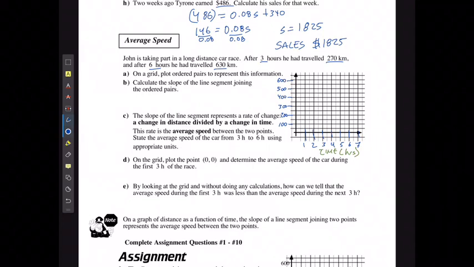And I'm going to call this the distance in kilometers.